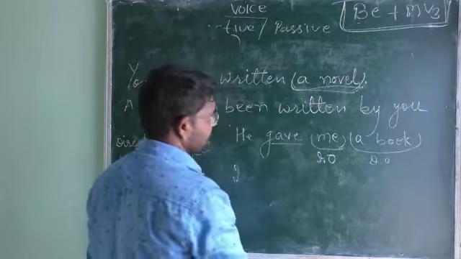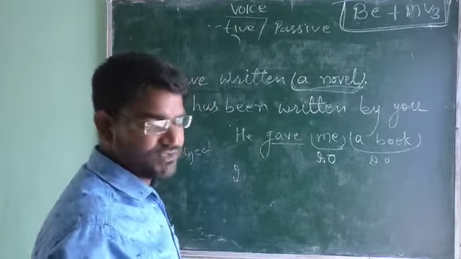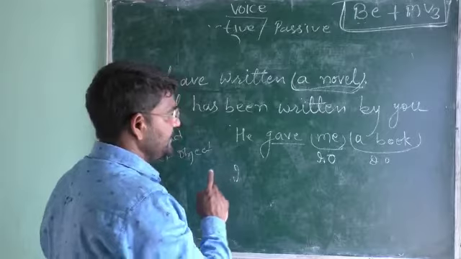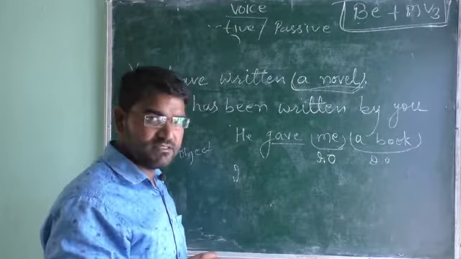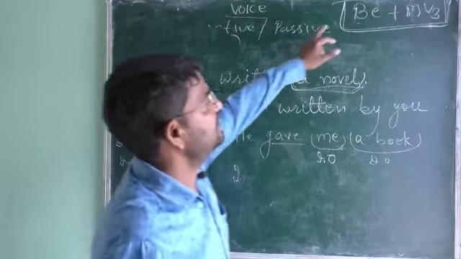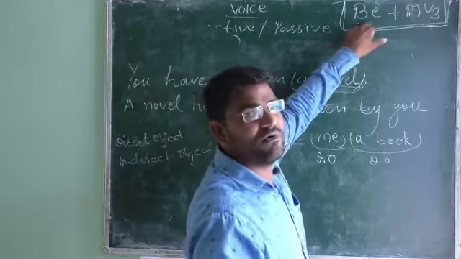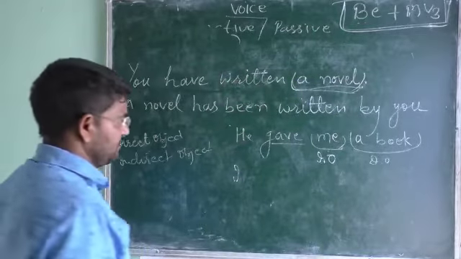Next, the verb. In which form? This is in the second form. It means this is the past tense. So we see here the past forms of be, was and were.